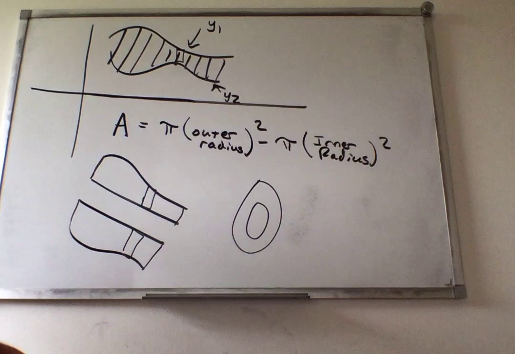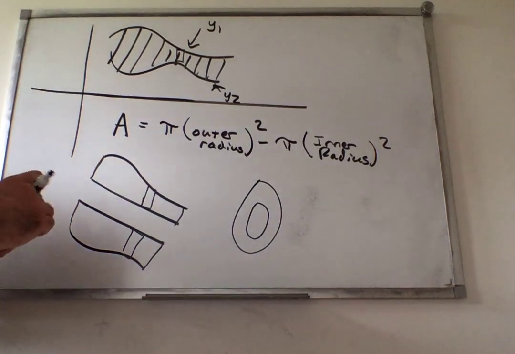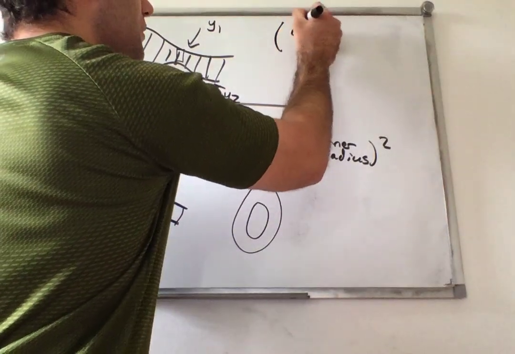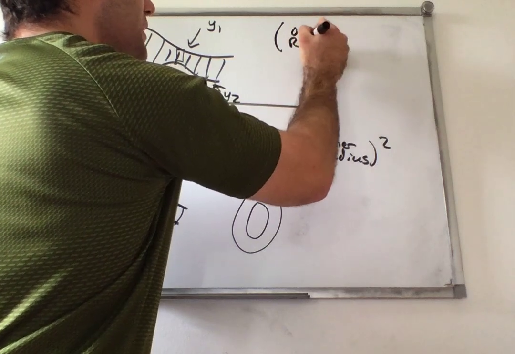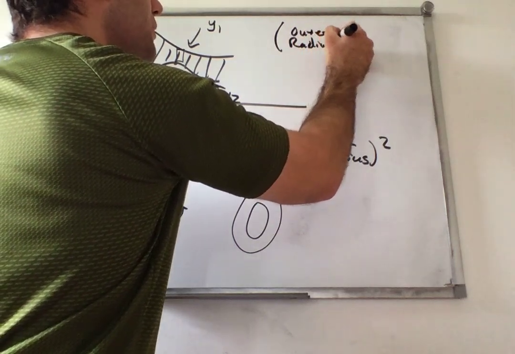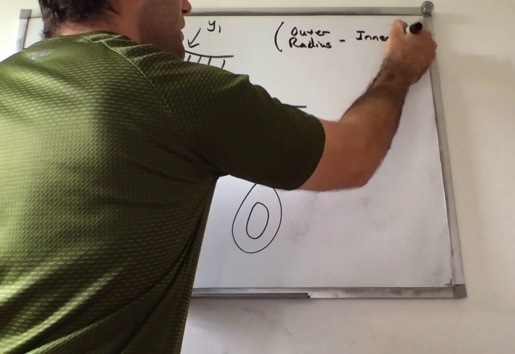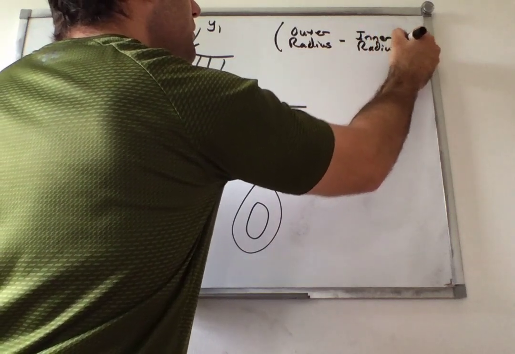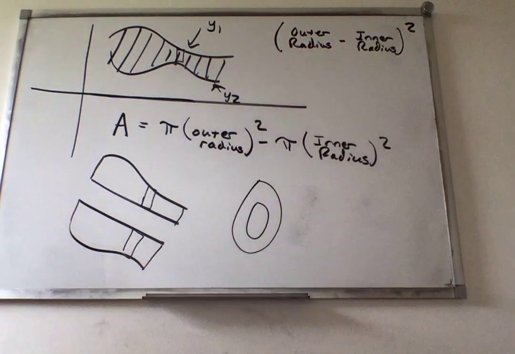Now, someone may ask, why don't you do the outer radius minus the inner radius and then square it?